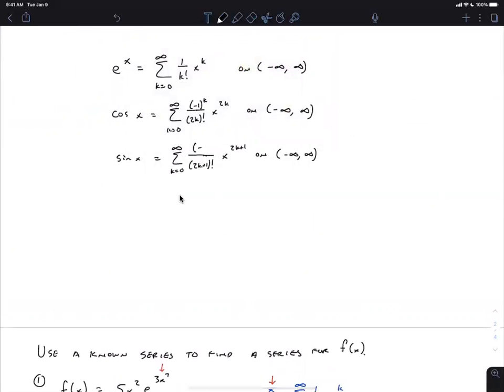But go correct that in your notes if you didn't get it before, my bad. Those are negative 1 to the k over 2k factorial, negative 1 to the k over 2k plus 1 factorial. Go correct that if you didn't make it. That's definitely what we had yesterday, and that's what the answer is in the homework. My bad, I just forgot to put that earlier. I knew there was something up here that I'd done wrong, could not remember what. All right, just take a minute, fix that. Sorry about that, you guys.